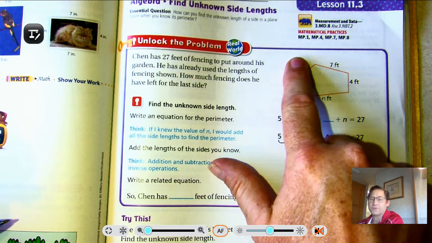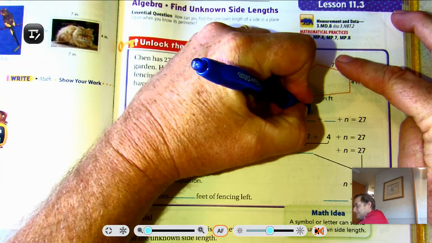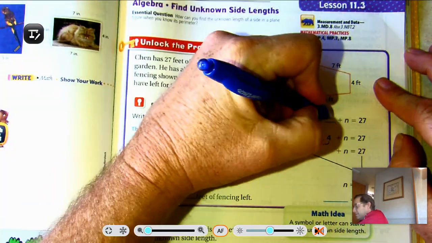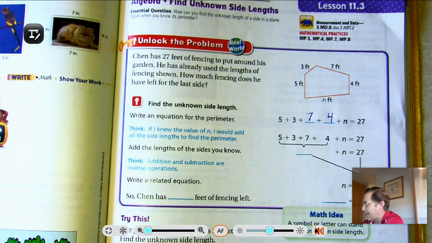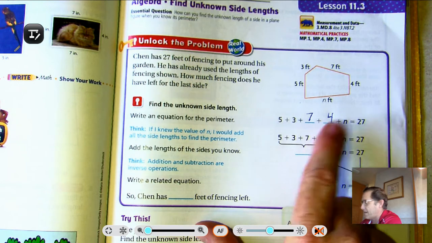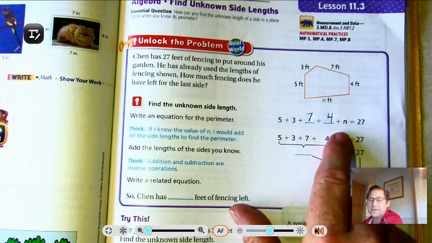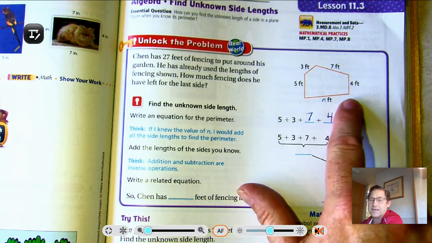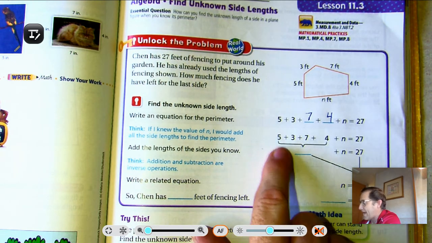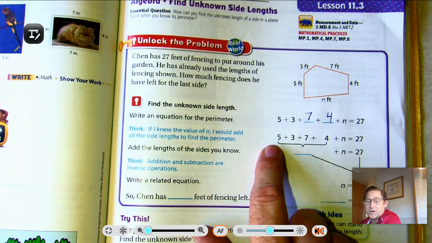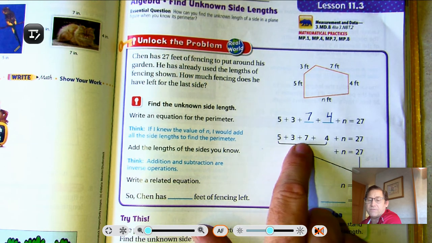5 plus 3 plus 7 plus 4 plus the unknown side. Okay, so there's 5 sides. 1, 2, 3, 4, 5. We know all of them except for this last one right here. So if we add up the sides that we know, we get 5 plus 3 plus 7 plus 4.